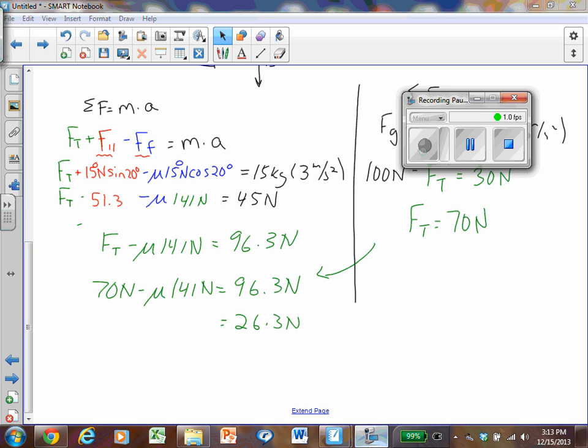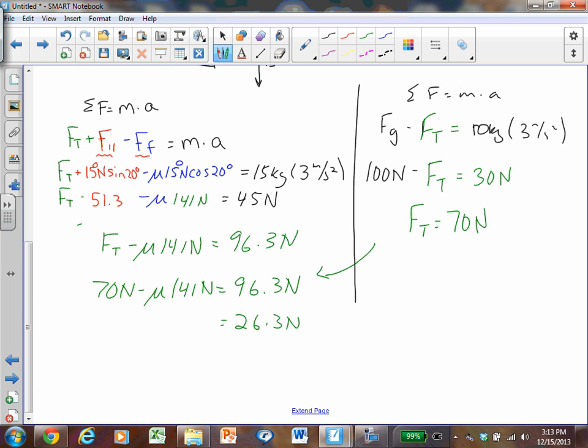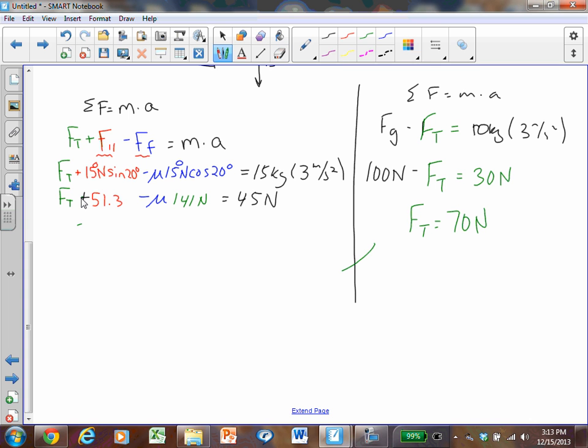Well, hold on a second here. This is plus. Shouldn't get a negative mu. Okay, let's see. Subtract 51.3, subtract 51.3. Ft minus mu, 141 newtons. 45 minus 51.3 is minus 6.3 newtons.